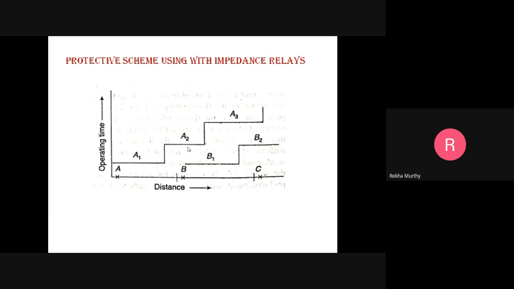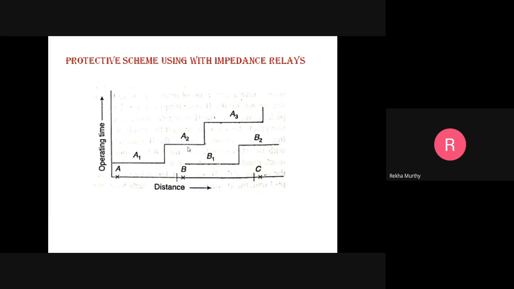Underreach is also caused by intermediate current sources, errors in the data available for the initial setting of the relay, and errors in the CT and VT and in the measurements performed by the relay.